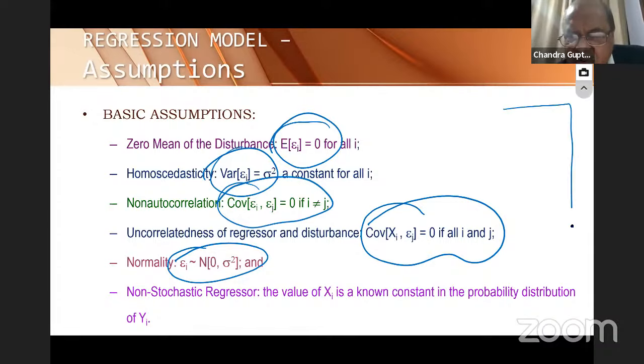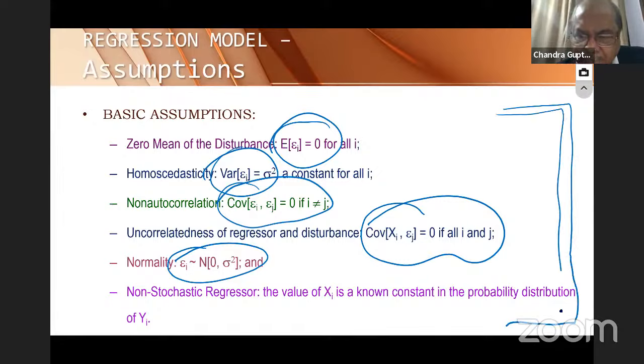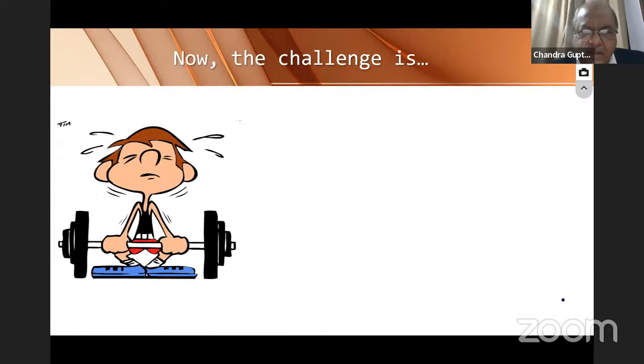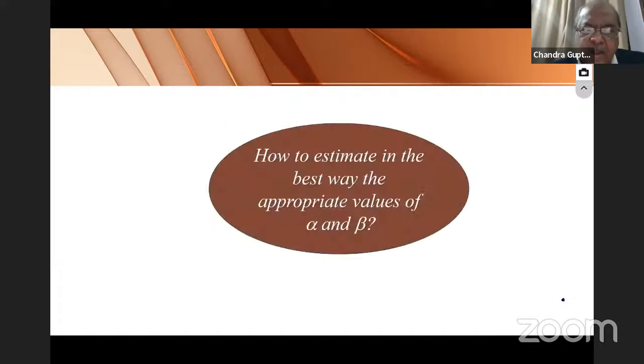These are the assumptions which we make for our regression model. Kavita, I'm not talking about linearity in parameters here because that may make things a little complicated. Yes, Nadia is also saying homoscedasticity, right? No autocorrelation. Yes.